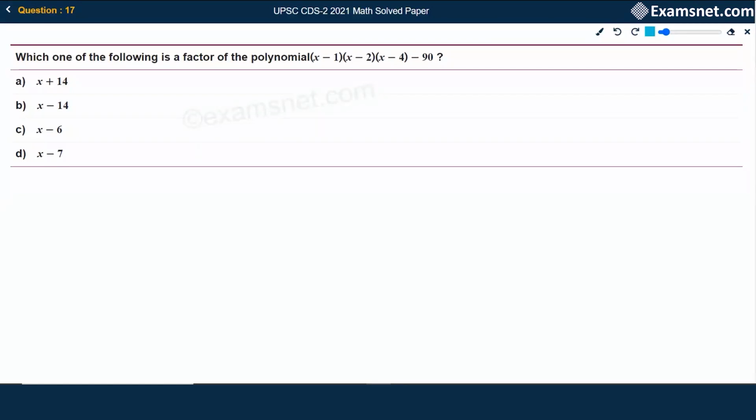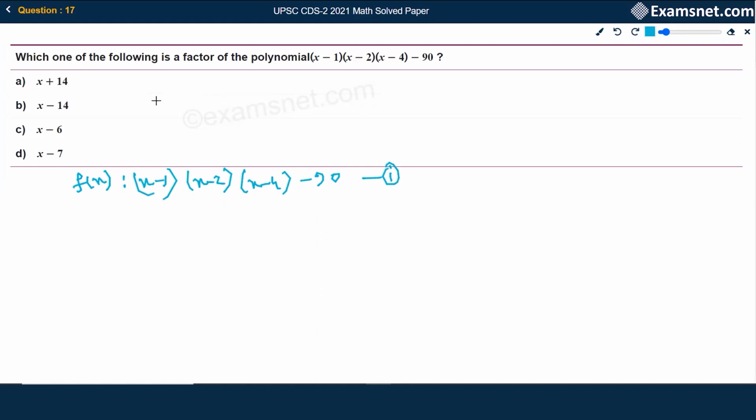In question number 17, it is given: which one of the following is a factor of the polynomial (x minus 1)(x minus 2)(x minus 4) minus 90? Let's name it f of x, polynomial number 1.